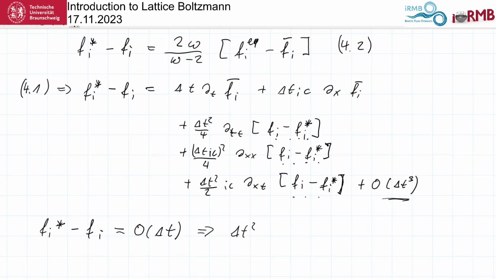So this means that delta t squared dtt fi minus fi star is of the order of delta t cube.